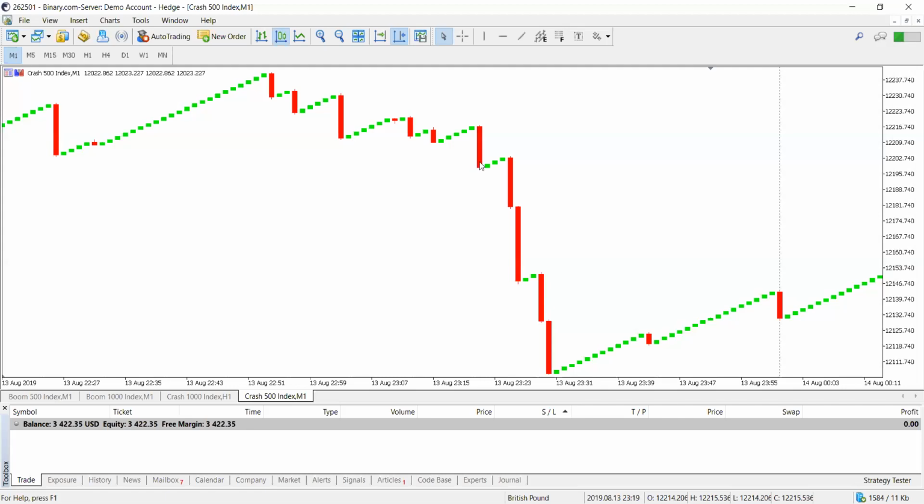Say you went 3 minutes, 4 minutes, 5 minutes, and then it crashed on you, and you said no, it's going to come back, and it starts buying again, and you don't come out, and then you'll be in even bigger losses. So you must always time yourself and know what you're doing. What you're doing is looking for these small crashes. You see the small crash, you enter with a buy.